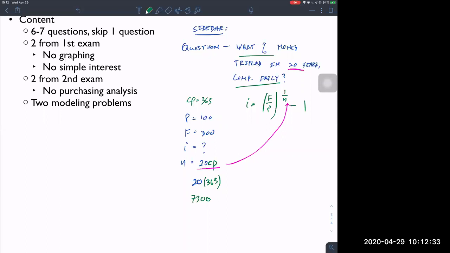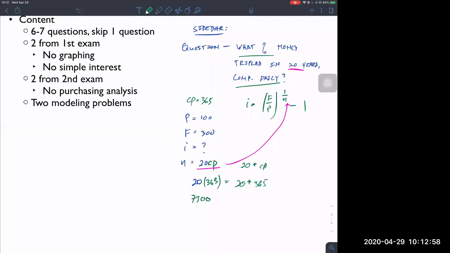And I'll also write it where you put the little multiplication sign, or 20 asterisk CP. I'll make sure all these formats are available so that Blackboard will recognize any of them and it'll be correct. So don't worry about that.